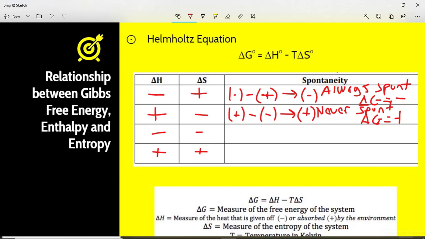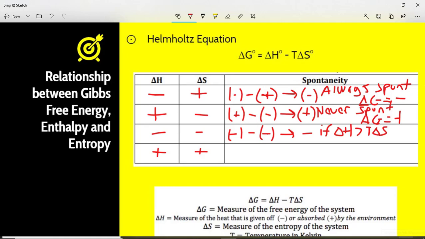Well, that's what happens if both sides are negative. Well, if we take a negative here and we subtract a negative, so this actually is going to depend on delta H or T delta S. So let's just say that this is negative, but it's only negative if delta H is actually greater than T delta S, otherwise the value is positive.